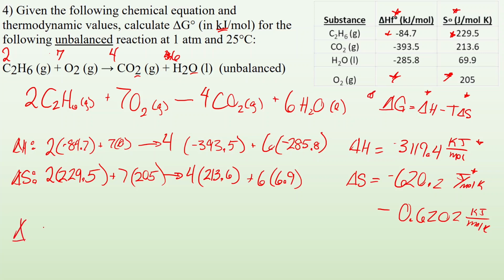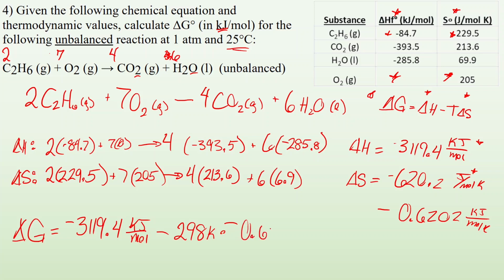My delta G equals my delta H, so negative 3119.4 kilojoules per mole, minus T delta S. My T is 25 Celsius, so I got to add 273 to that to get 298 Kelvin, times negative 0.6202 kilojoules per mole Kelvin.